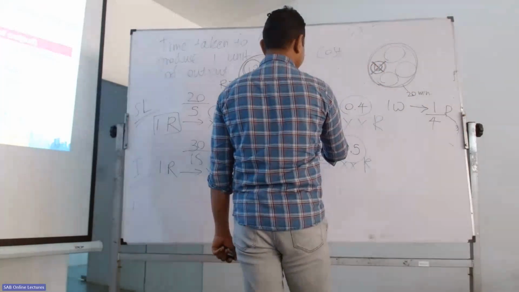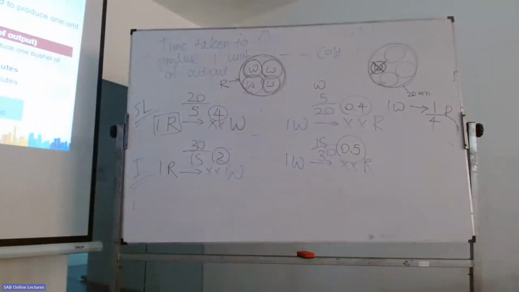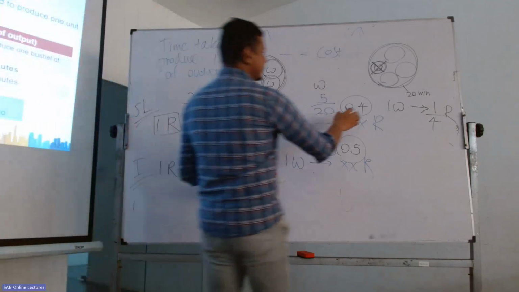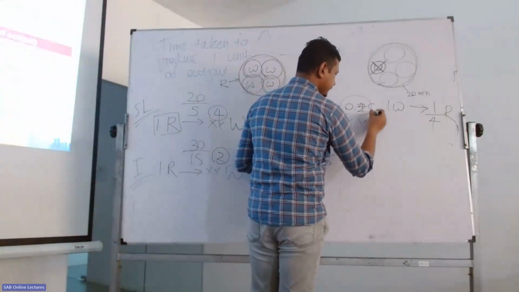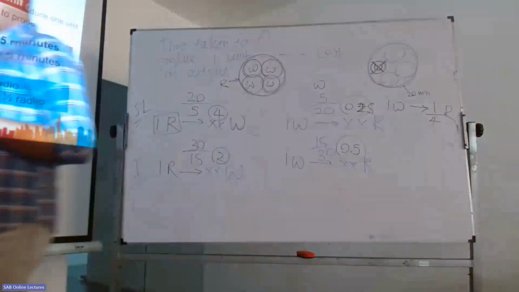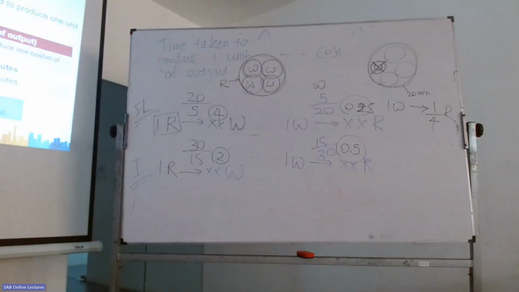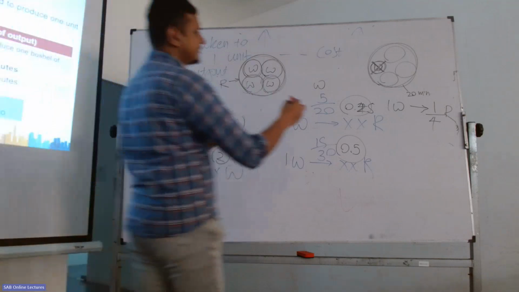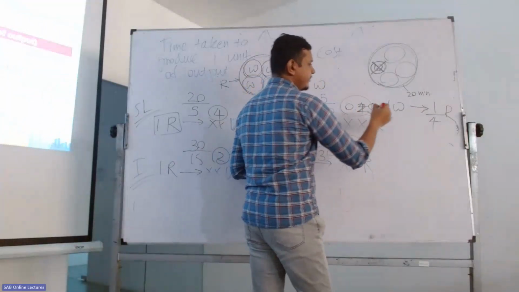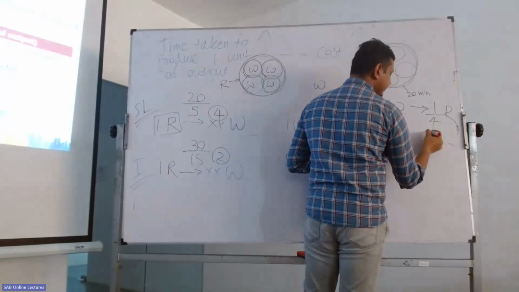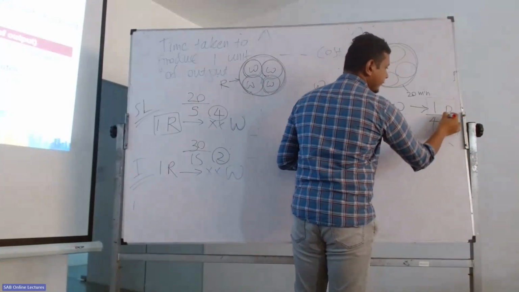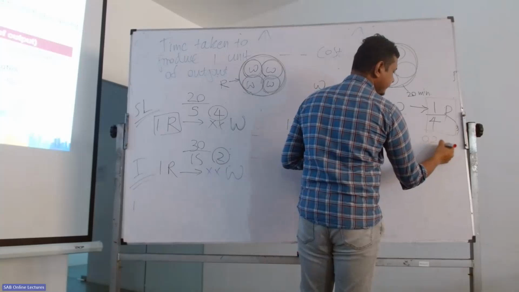This is 5 divided by 20, which should be 0.25, right? Sorry, it is not 0.4, it should be 0.25. This is the first time I made this mistake. So to produce one wheat, India should sacrifice one fourth of a radio, that is 0.25 radio.